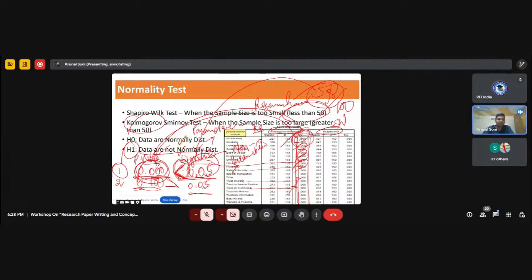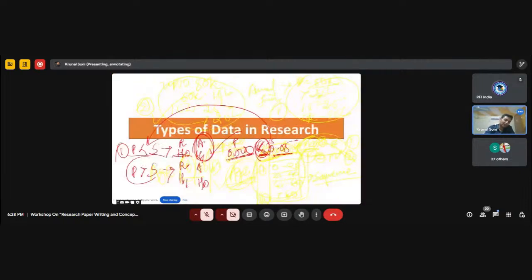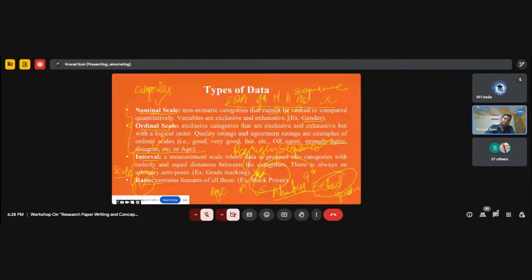And now you can see this p-value is greater than 0.05. So p-value greater than 0.05. What is the situation? Acceptance of null hypothesis. What is null hypothesis? Data are normally distributed.